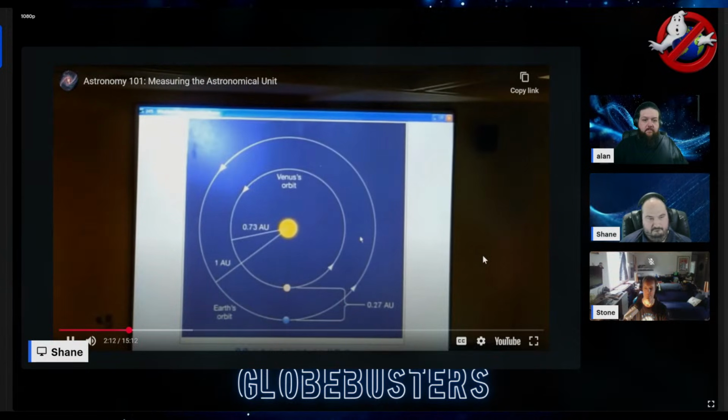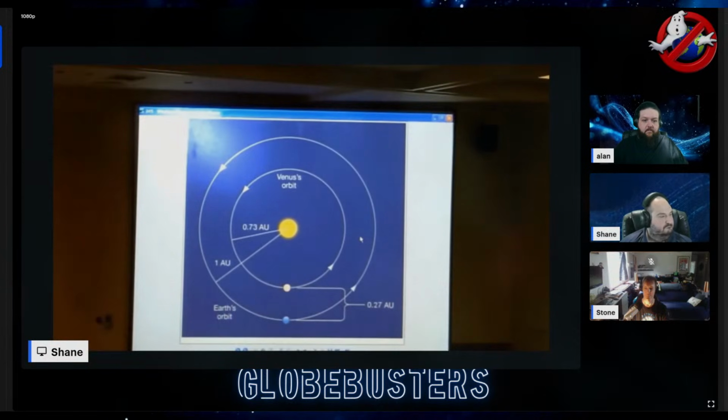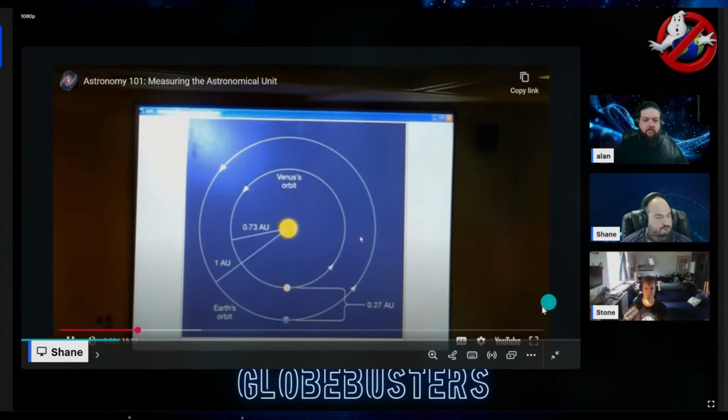And so sometimes Venus is very far away from us, sometimes it's close. Here it is at closest approach, and at closest approach it's 1 AU minus 0.73 AU, so 0.27 AU. At different positions in its orbit, it would be different numbers of AU, but let's consider this configuration, because it's kind of the easiest to deal with mathematically.